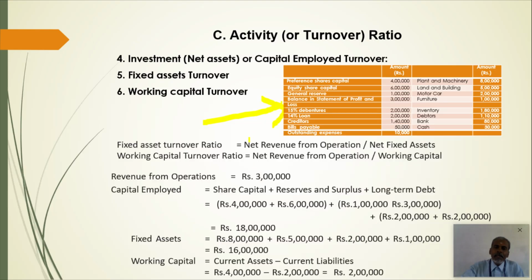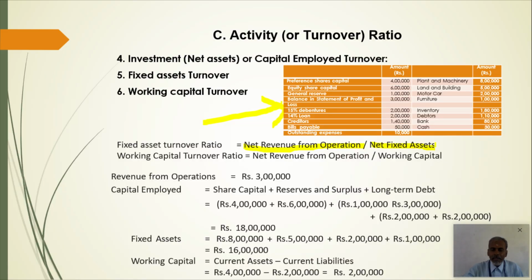Net asset turnover ratio is an indicator of how many times the asset has been turned over. For an example, we'll see here. Revenue from operations means the sales. So we are going to see how many times of your net asset the sales has been made.